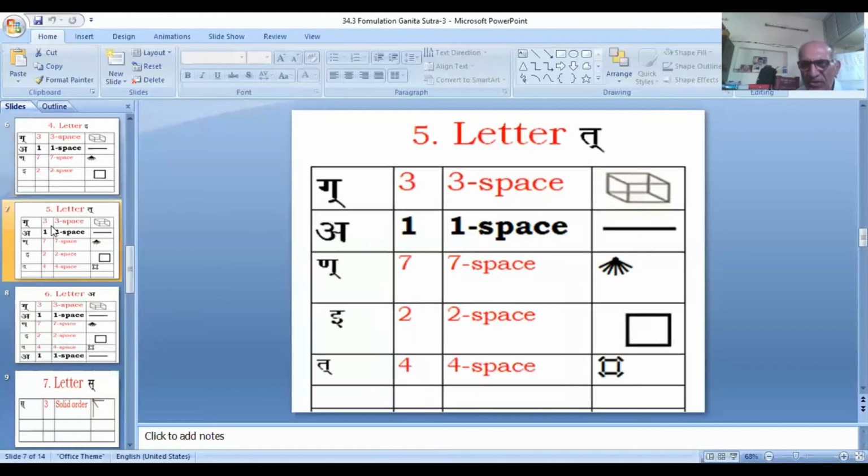The next phase and stage is the stage of format and features of the fifth letter, namely Ta. The letter Ta is of first placement of the fourth row of the Varga consonants, being of first placement, so it is in the role of a dimension fold. 4 space in the role of dimension is the geometric format which comes into play.